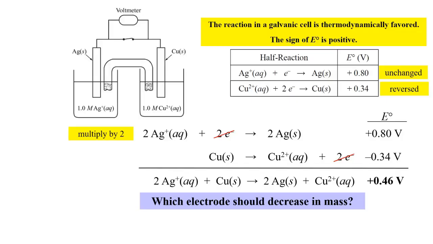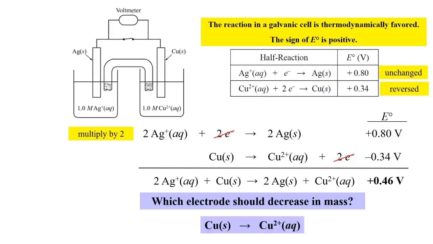Well, silver is changing from an aqueous ion to solid silver. So the silver electrode is actually going to increase in mass as aqueous ions are turning into solid silver. On the other hand, the copper electrode is changing from a solid to aqueous ions.